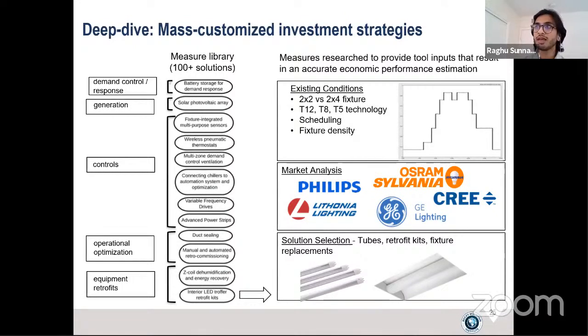So we want to make sure that the lighting solutions we are providing are not only more energy efficient, but at the same time also meeting the requirements of the space. And so it needs to be customized based on the needs of each and every specific project, rather than just giving a single investment strategy for the whole portfolio.